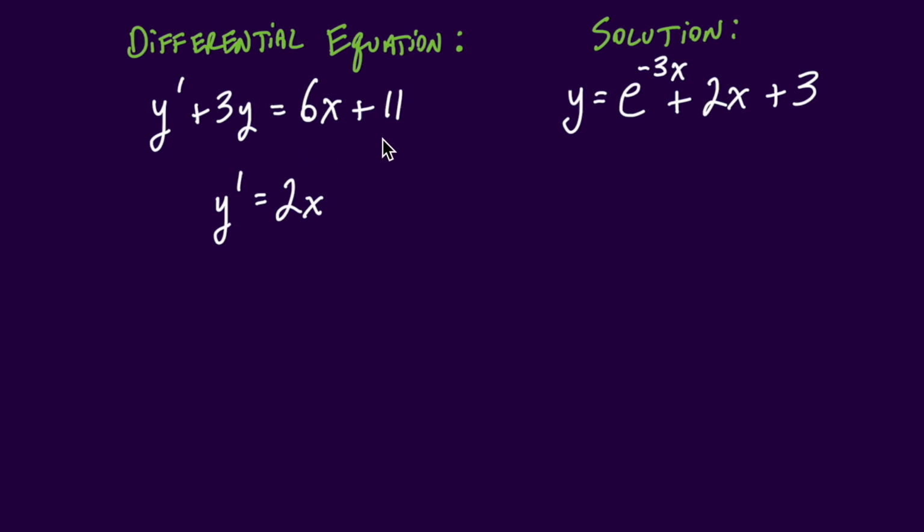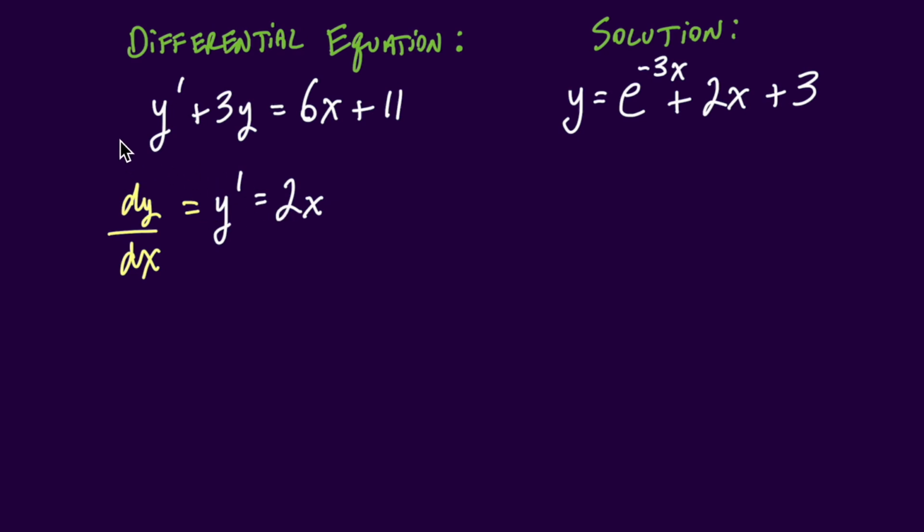As you can see, this matches the definition of a differential equation. It contains an unknown function. Here we have the function y along with one or more of its derivatives. Now, folks, I want to draw your attention to the difference between this differential equation and the one we worked on previously. The previous equation was solved for y prime, so we were able to say that this was dy dx.